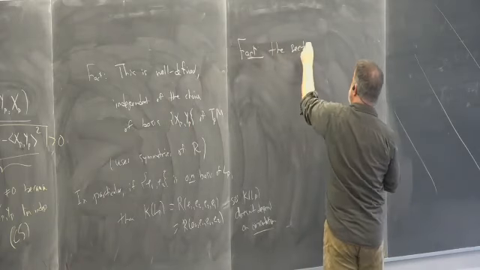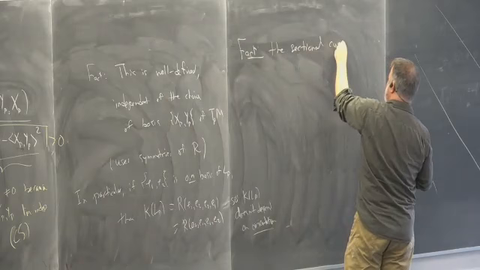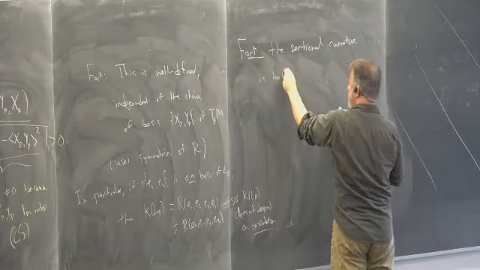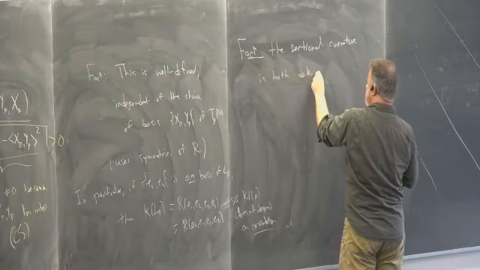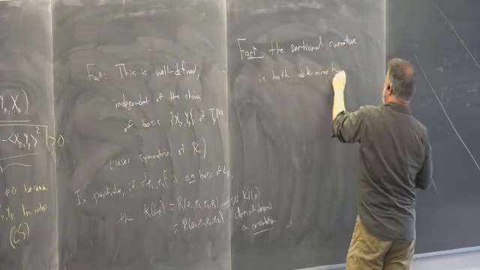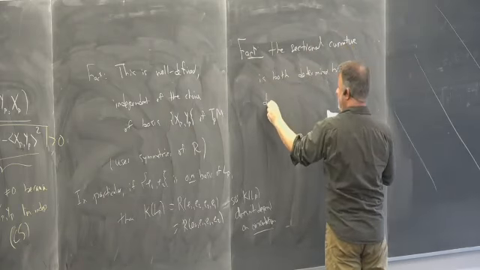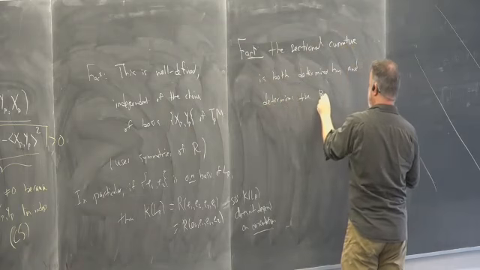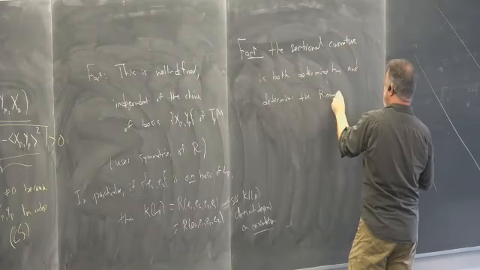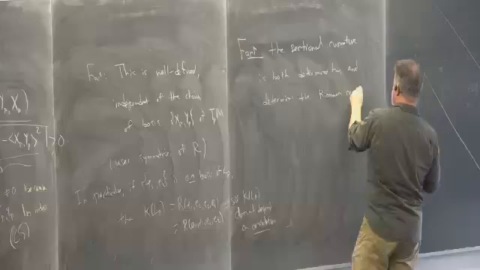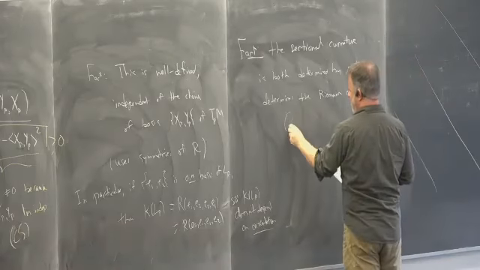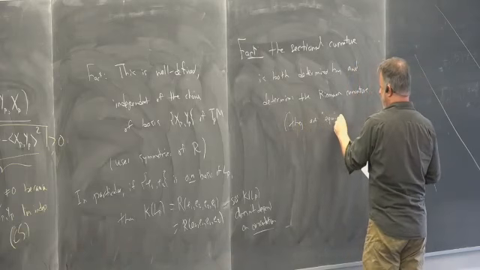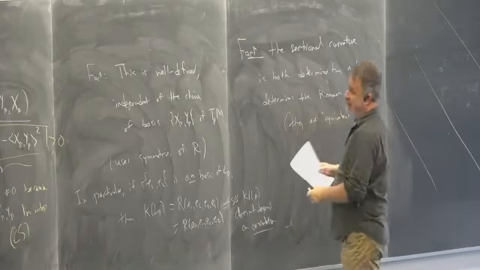The sectional curvature is both determined by and determines the Riemann curvature. So they're equivalent pieces of data.